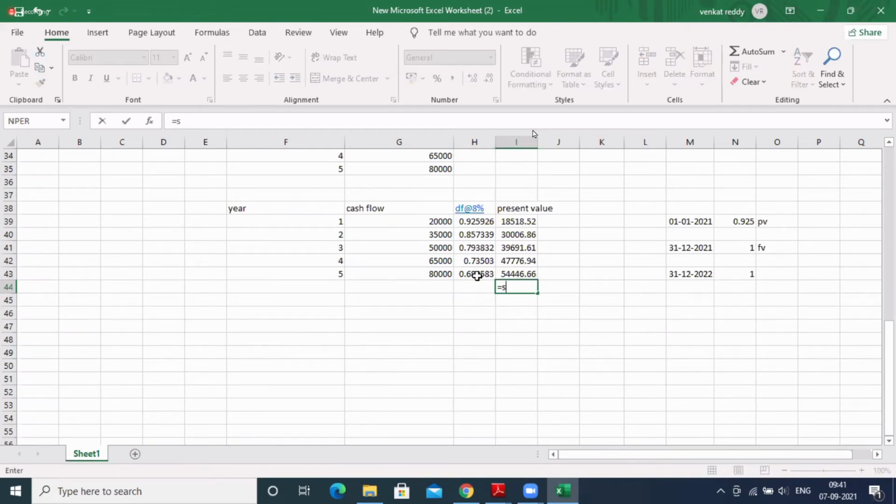Now if you calculate the total of these, this is known as present value of cash flows.